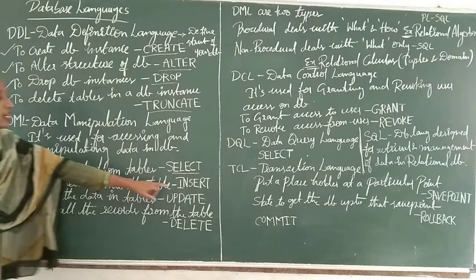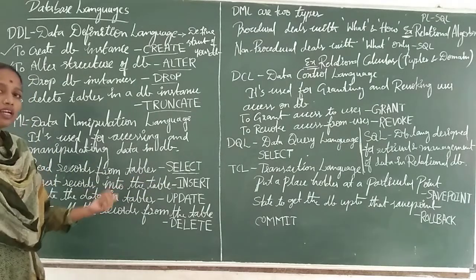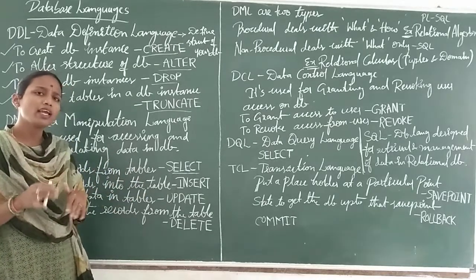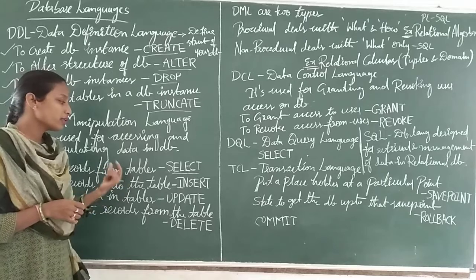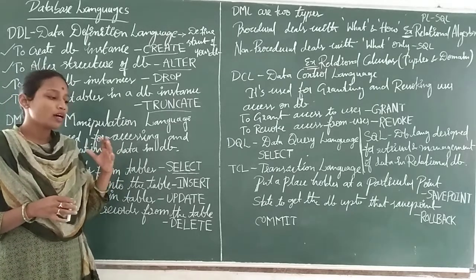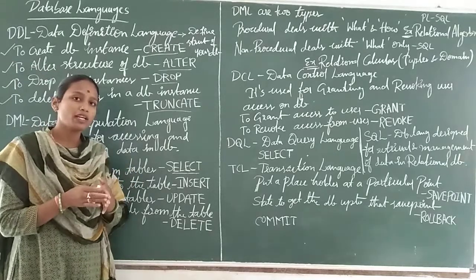Insert means to insert records into the table. We have already created one table, and again I am inserting some more fields. For example, in the employee table the employee has another mobile number.